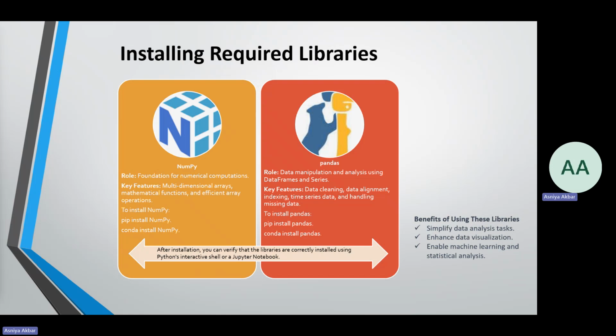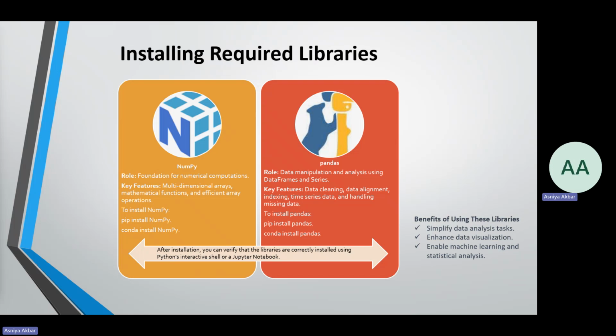So NumPy, which is our first library here, serves as a foundation for numerical computations in Python. It provides support for multi-dimensional arrays and even matrices, along with a collection of mathematical functions so that it can operate on these arrays efficiently. There are key features like the multi-dimensional array, meaning that NumPy introduces the NumPy ndarray object, which allows the representation of a multi-dimensional array.